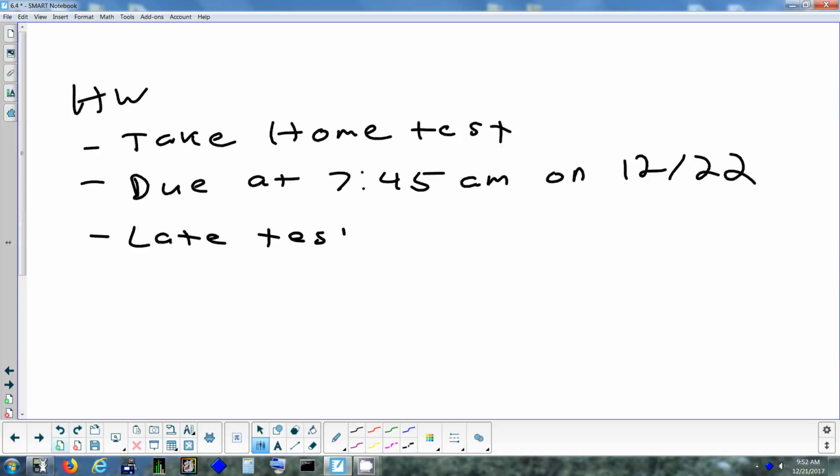Late tests, all 0. So if you're going to be late or you think you're not going to be here or something's going to happen, then take a picture of it and send it to me. Or email, just something like that. Okay, any concerns or questions about that? Because if that is a problem, you could always take it anytime during the day today. The test is ready, or after school today if you needed to.